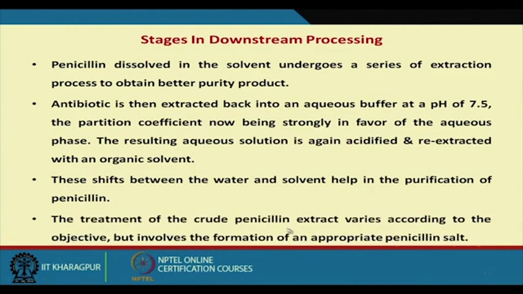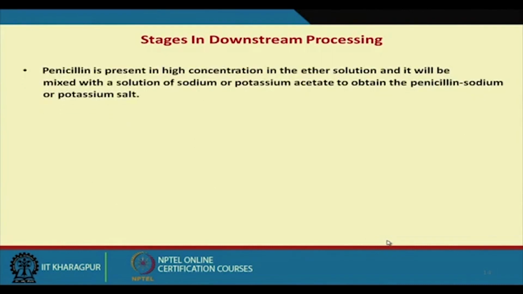The treatment of the crude penicillin extract varies according to the objective, but involves the formation of an appropriate penicillin salt. Penicillin present in high concentration in the ether solution is mixed with a solution of potassium or sodium acetate to obtain the potassium or sodium salt of penicillin.